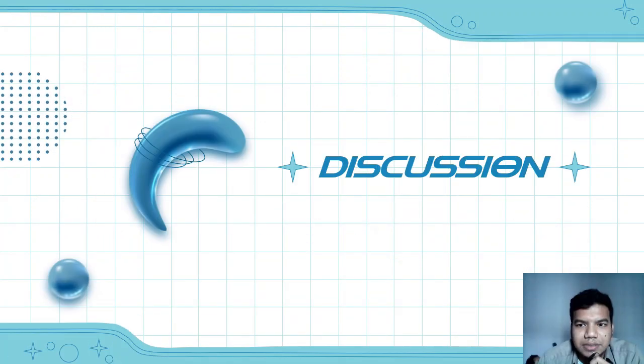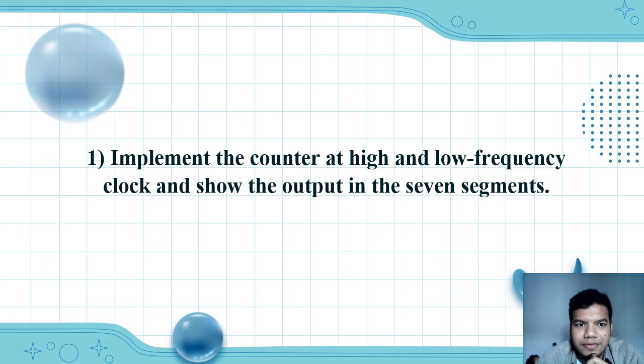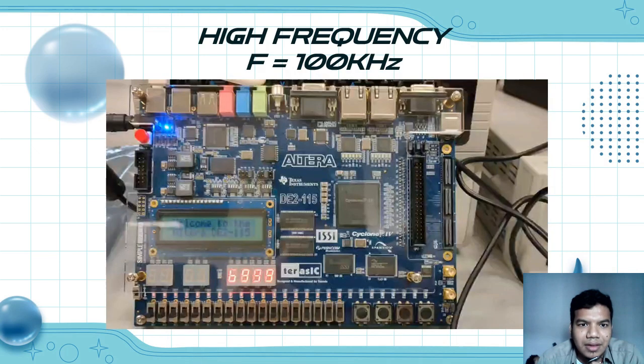Okay, for the next part is the discussion. There are 3 questions in this part. The first question is what happens when the counter is implemented at high and low frequency clock, and here we show the output in the 7 segments. This is for the high frequency, which is the frequency of 10 kHz.